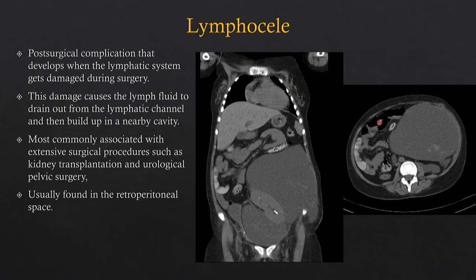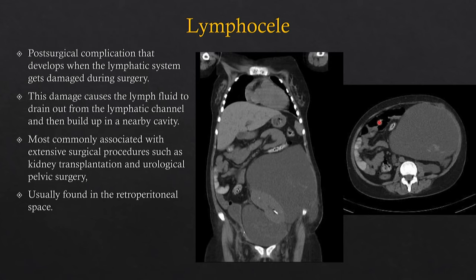Another differential diagnosis is a lymphocele, which is rarer than the rest of the cases that I have presented. But this lymphocele is a post-surgical complication that develops when the lymphatic system gets damaged during surgery, especially surgery involving kidney transplantation or urological or pelvic surgery.